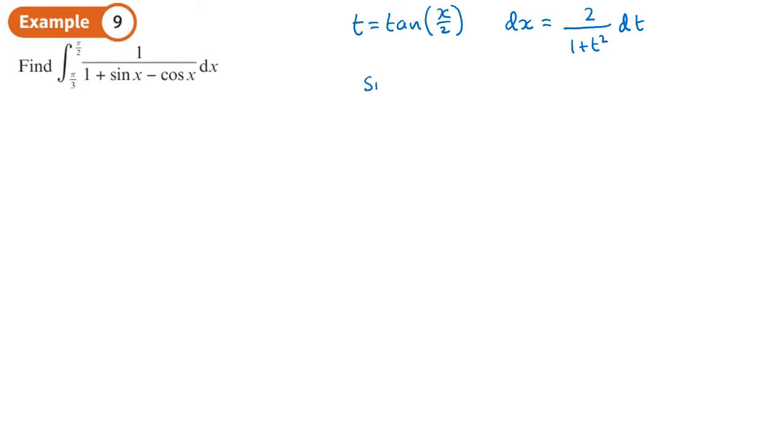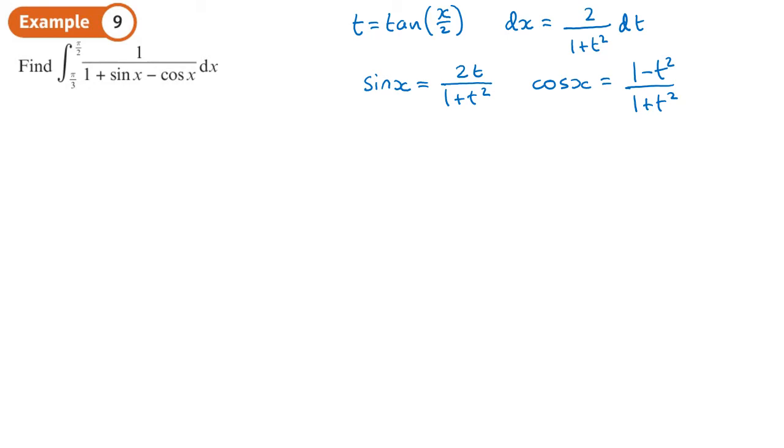So sine x, this will be a good test to see if you've remembered these, is 2t over 1 plus t squared, very similar to the dx. Here, it's just got the t in, so that's maybe a way to help you remember it. And the cos x as well. So cos x is 1 minus t squared over 1 plus t squared. Right, so they're all the substitutions.